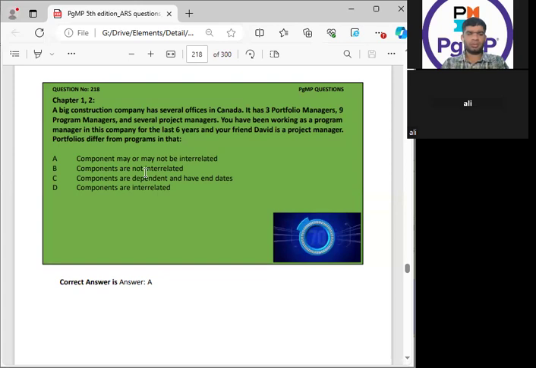For example, program A, program B, program C. If the program components are not interrelated, meaning the benefit is not coming and going as input and output, but the resources are exchanging between the programs, can we say that the programs are interrelated because the resources are exchanging?